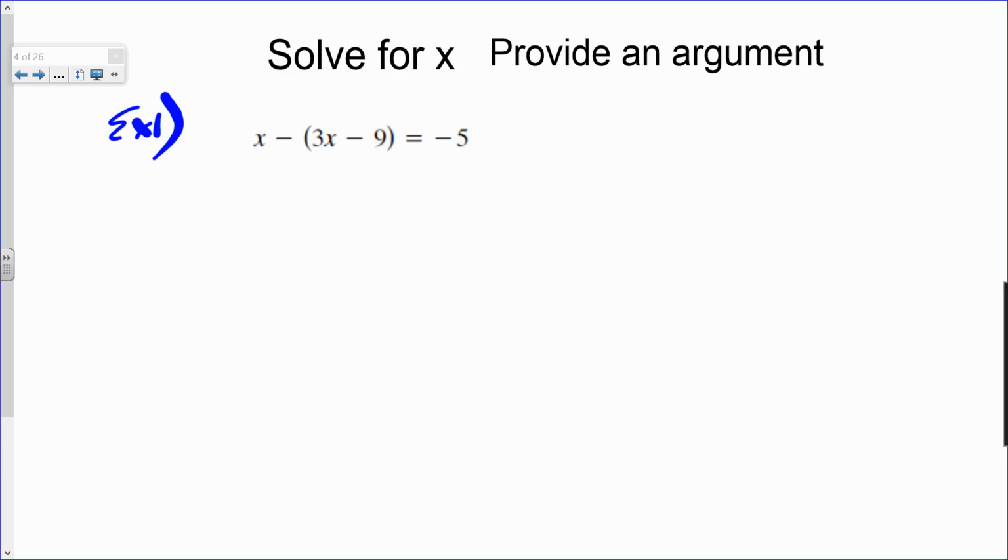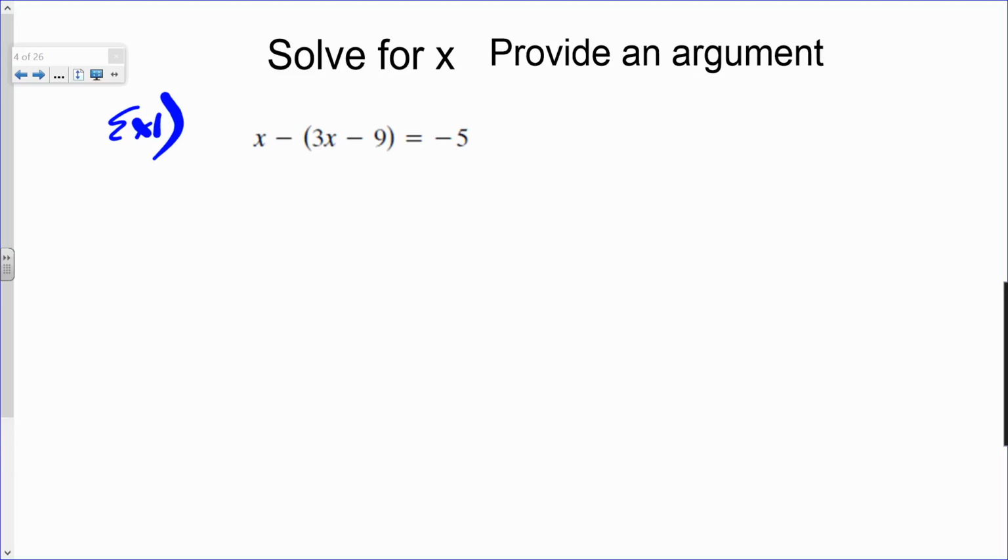Now, when I say provide an argument, I mean justify every step that you make in solving for x in this equation. When I say provide an argument for your position on abortion, that means you're going to provide a reason for your position.